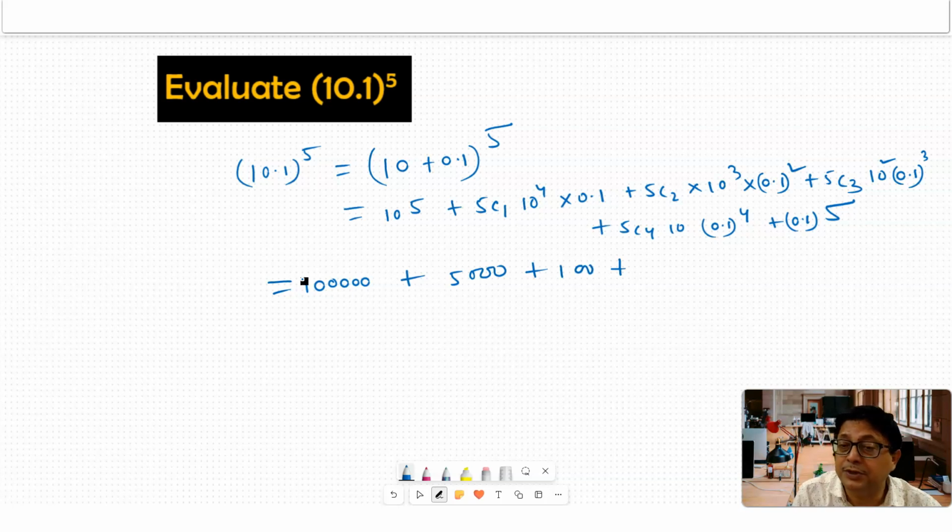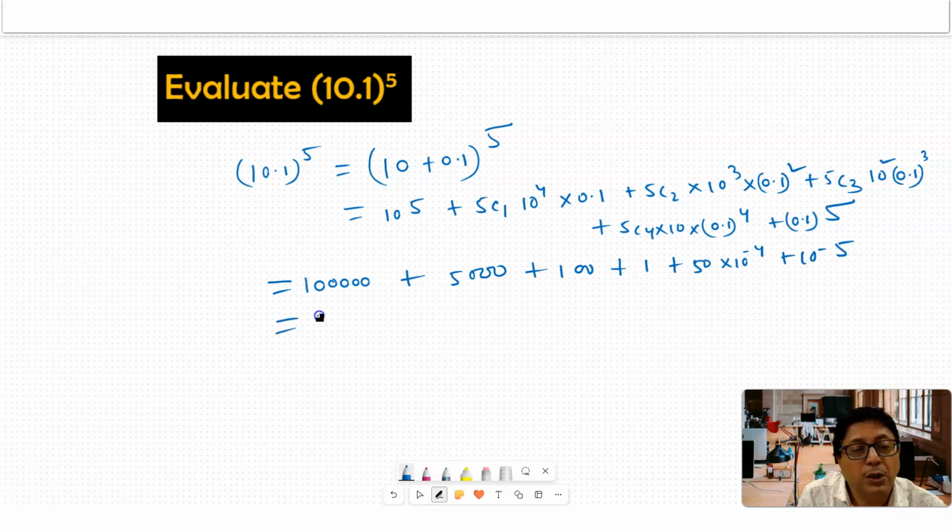This plus 5c3 also has value 10. 10 into 10 square times 0.001 is going to be 1. Plus this multiplication 5 into 10 into 0.1 to the power 4. 5c4 is simply 5, so it is 50 into 10 to the power minus 4, plus 10 to the power minus 5.